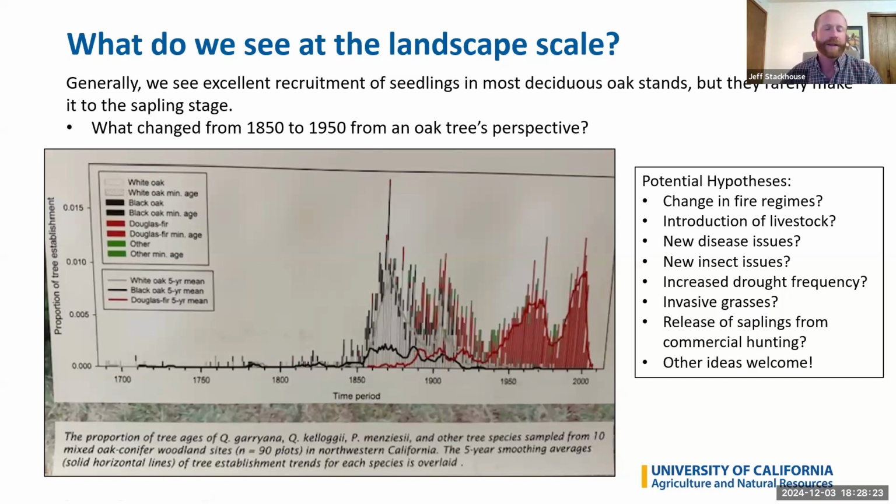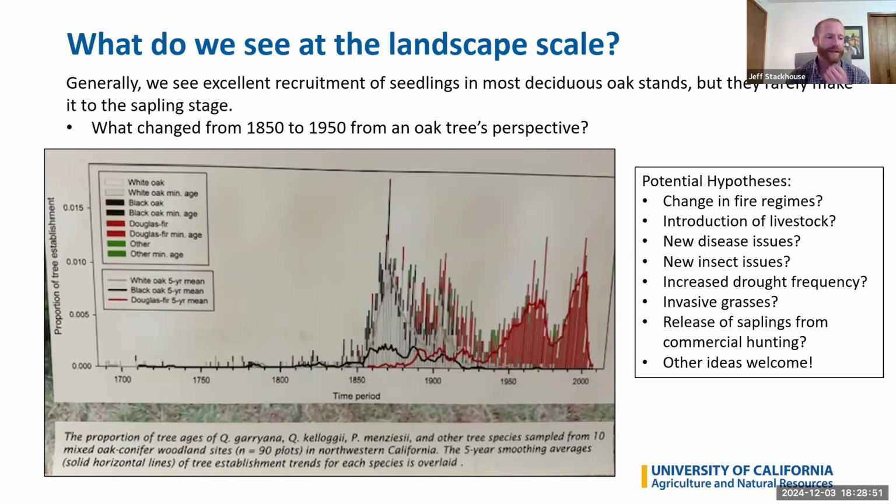Maybe that 1850 time period is a release of trees because they were being cut down and resprouting because they were used for firewood or for steam powered engines, or I don't know what's going on. But I love this graph, and it's the basis for the project I'm going to talk about here, which is trying to figure out why we're not seeing any babies.